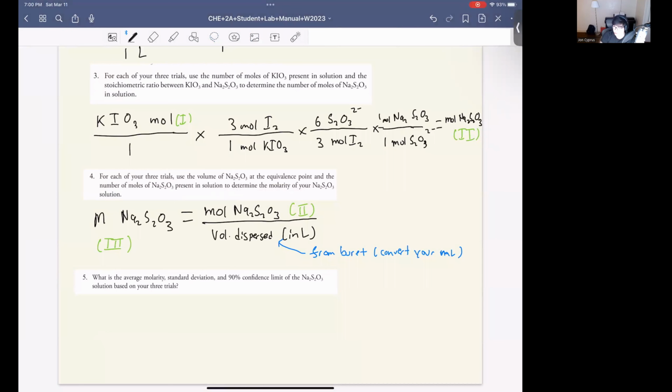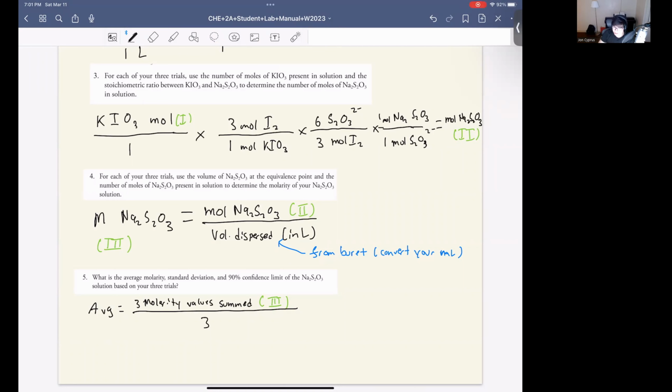For the first part of this, your average is just your 3 molarity values summed up. You get these from number 3. You're dividing it by 3. That's not that hard.